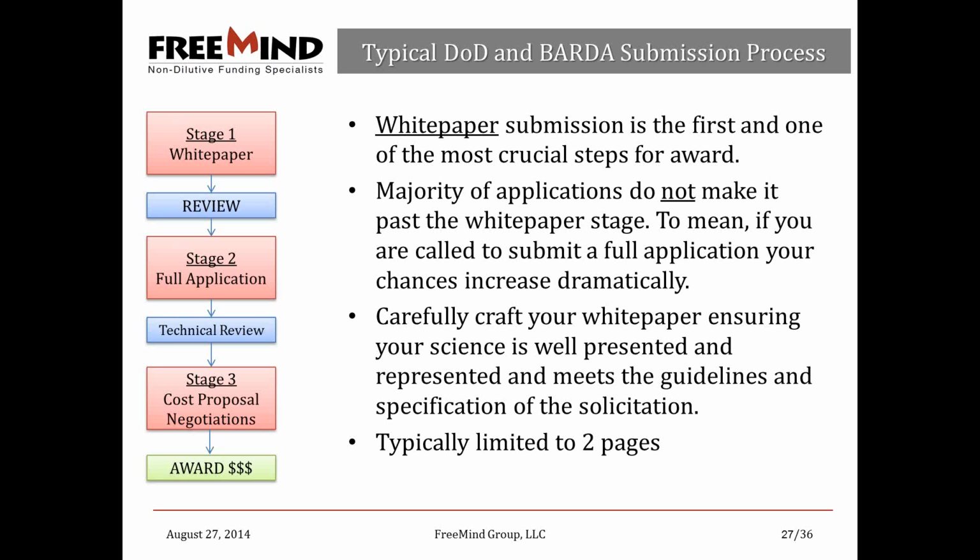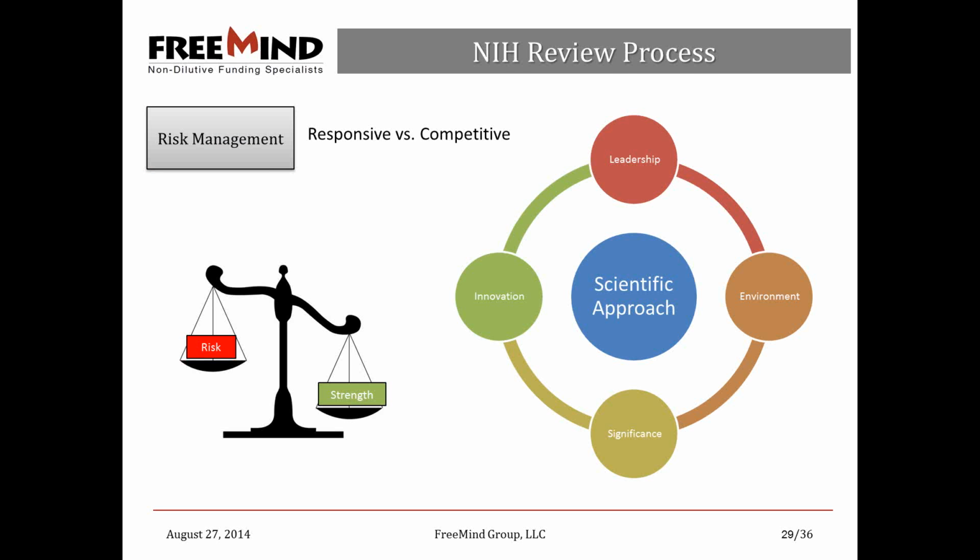Does the PI and the key personnel have the expertise and experience to successfully lead such a project? 4, the environment. Can it support the work you propose? For example, do you have the proper lab space for the work you will do? And 5th, but ultimately what makes the difference between a good application that isn't awarded and one that is awarded is your scientific approach, the milestones, the specific goals. So ultimately, top-notch scientific approach is what wins awards.